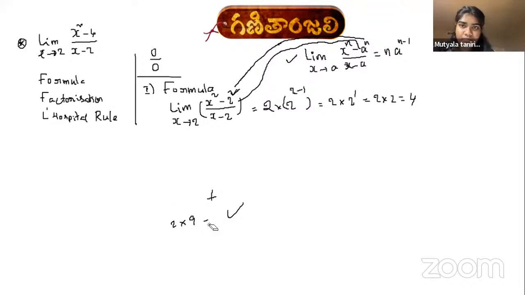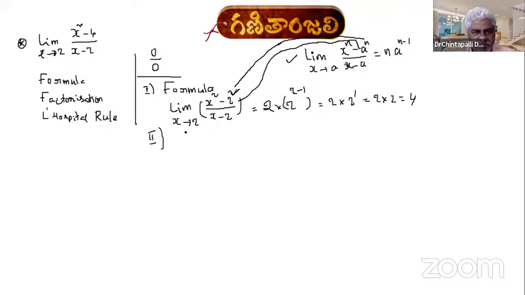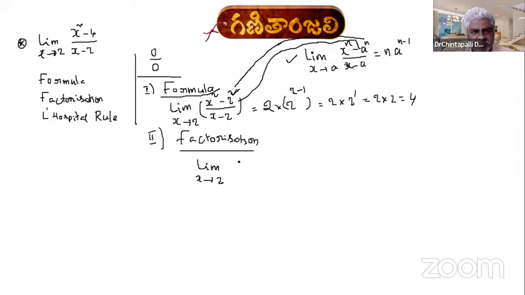Next, factorization method. We can solve this question in factorization method also. See, limit x tends to 2, x square minus 4 means x square minus 2 square by x minus 2.